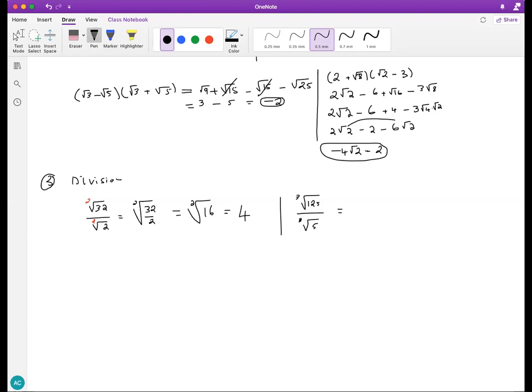So these have the same index, which is 3, so we can combine them into one radical. We're going to divide 125 by 5. And the index is 3. What's 125 by 5? 25. So the cube root of 25.